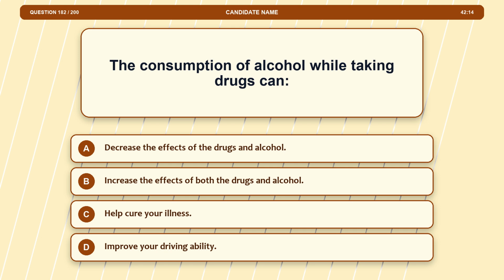Question 182. The consumption of alcohol while taking drugs can Option A, decrease the effects of the drugs and alcohol. Option B, increase the effects of both the drugs and alcohol. Option C, help cure your illness. Option D, improve your driving ability.